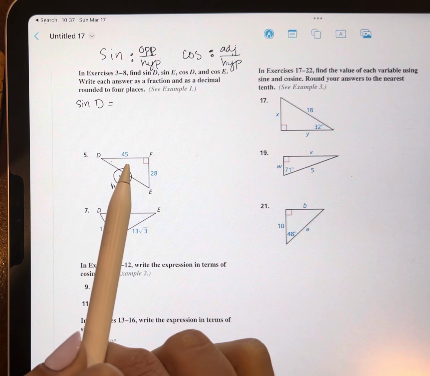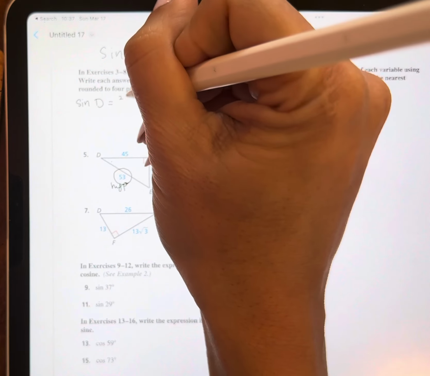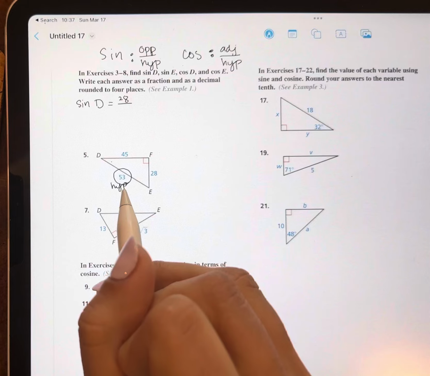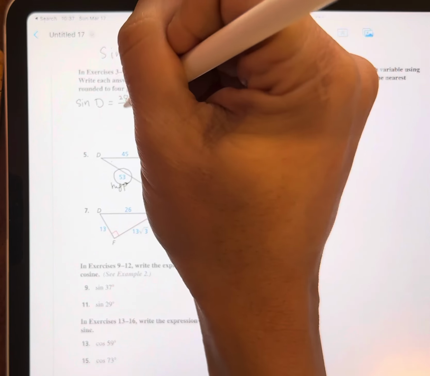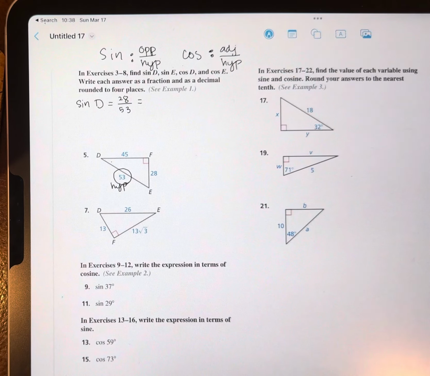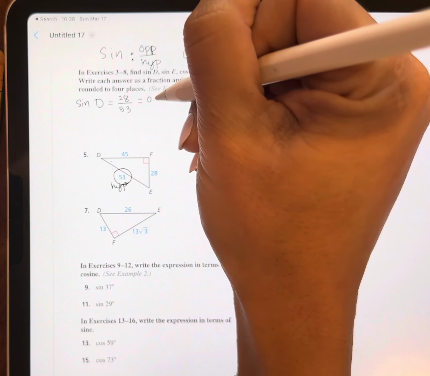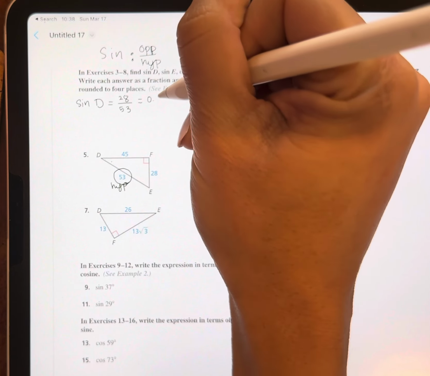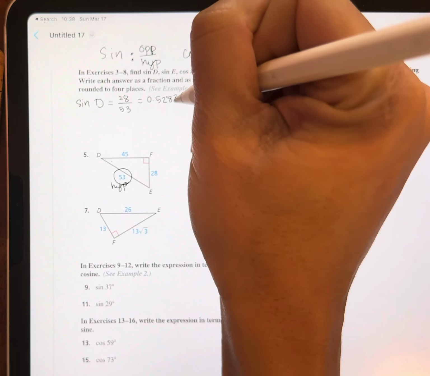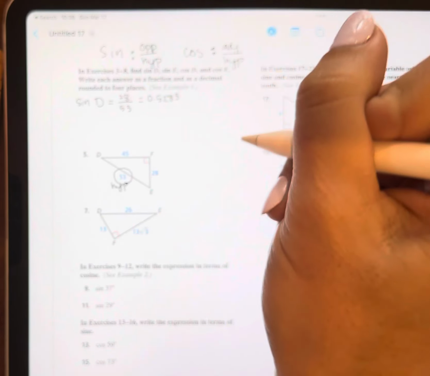So from D, opposite is 28, over hypotenuse, which is always the hypotenuse no matter what, so over 53. So 28 over 53 is 0.5283. Okay, so that's sine of D.